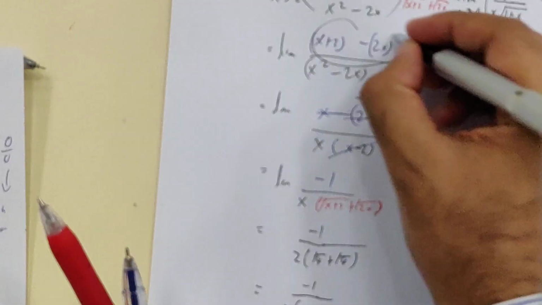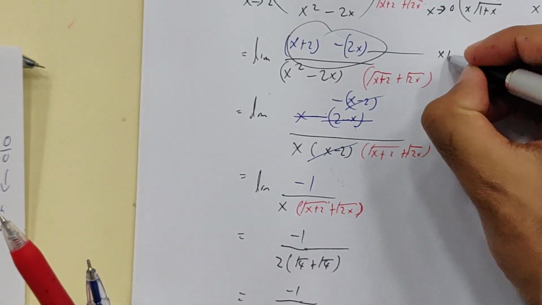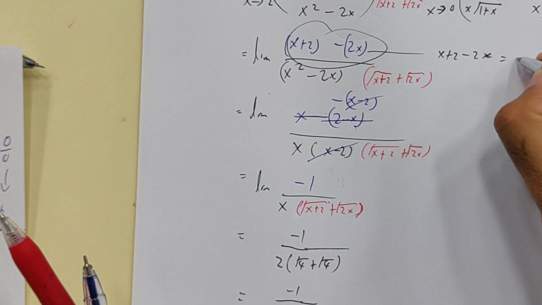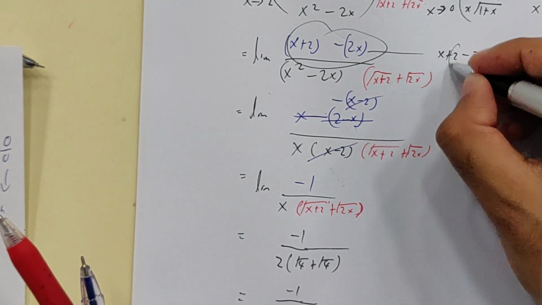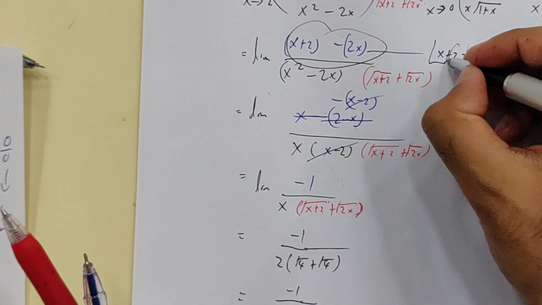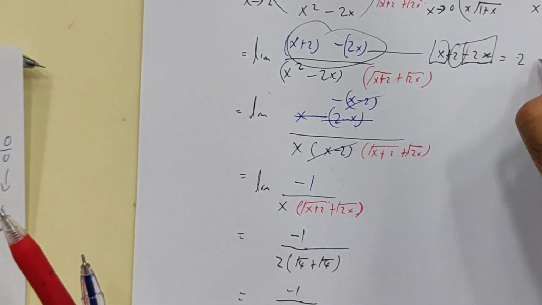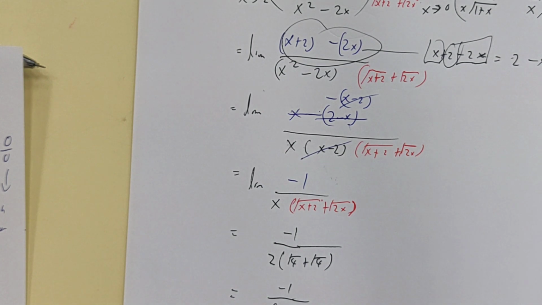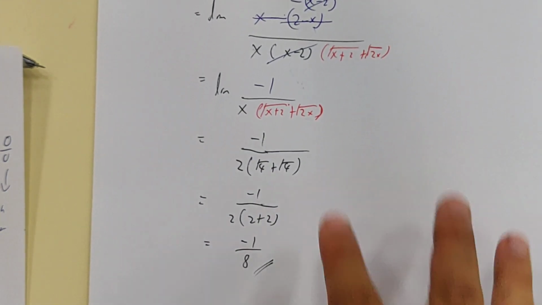This one here. X plus 2 minus 2x. So I get myself 2 as 2, x minus 2x, minus x. Okay? Good. Are you okay?